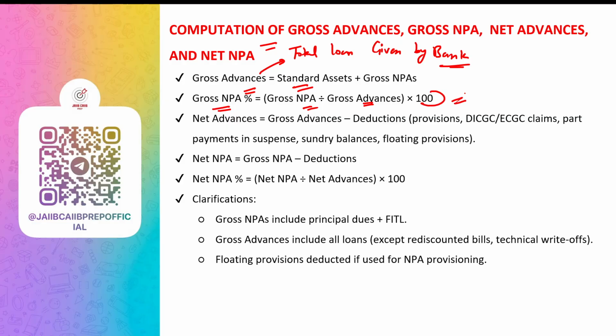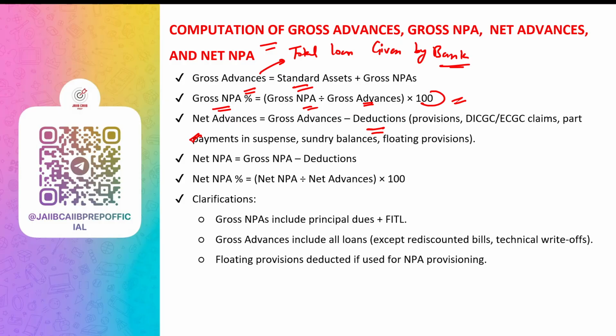Net advances are calculated by taking gross advances and then subtracting all the deductions. Deductions include the provisions, guarantee which insurance covers on deposits, part payment received but which is kept in suspense account, sundry account deposits, floating provisions. So these all are included under deductions.